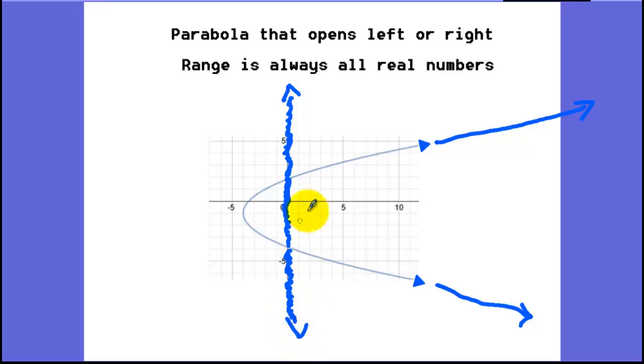And as you can see, as we try to extend our function, the shadow will eventually cover the entire y-axis. That's why the range of a parabola that opens left or right is always real numbers.